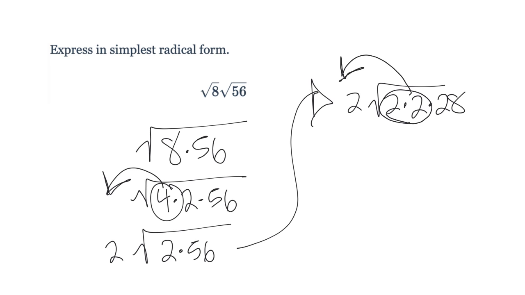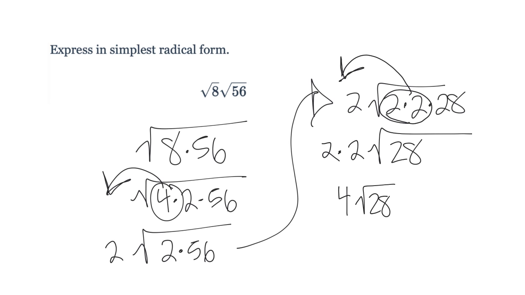And when we pull out the 4, we are going to take the square root of it, which is 2, and we're going to write that on the outside. We also already had a 2 on the outside to begin with, so I'm going to make sure to leave that there. And we have a 28 left over. So now we have a 4 altogether on the outside and a 28 on the inside.